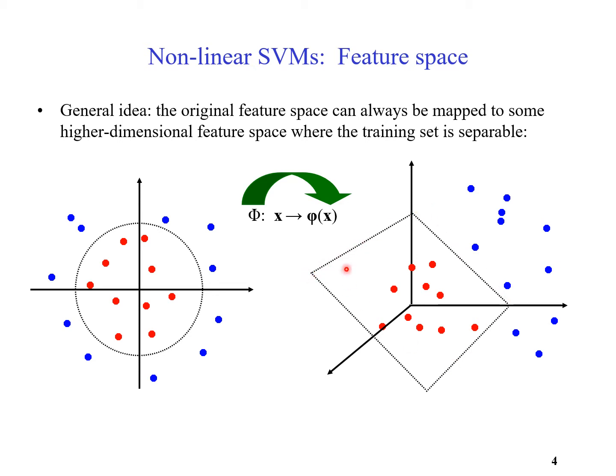And then this linear hyperplane is mapped back into the original input dimension, where it now becomes a circle. That's the basic idea of nonlinear SVM.